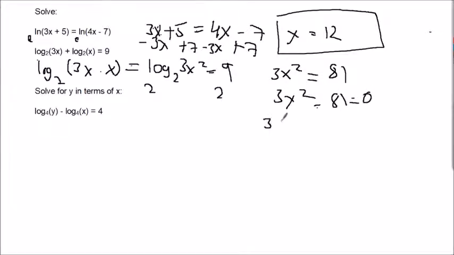3x squared minus 27 is 0, and then we can factor it out to a difference of squares.